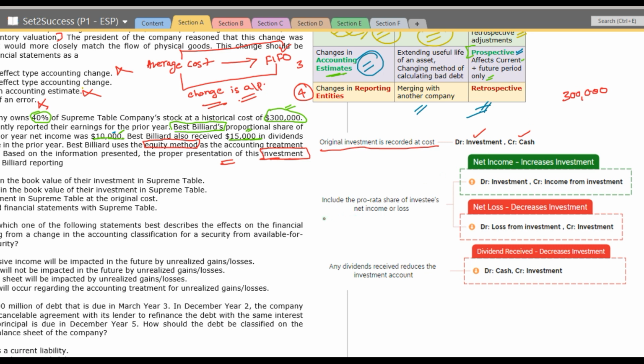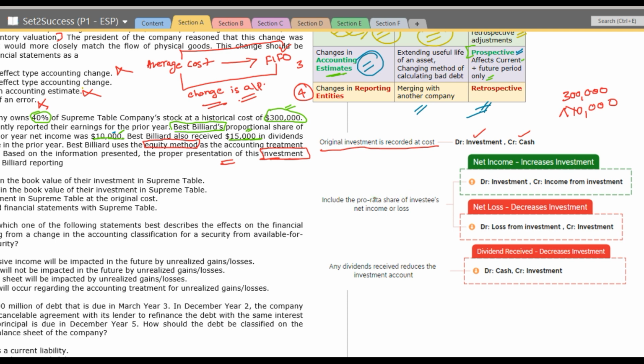The second treatment includes the pro rata share of the investee's net income and loss. Here the investor is getting a return of 10,000, so the investment account will increase by 10,000.